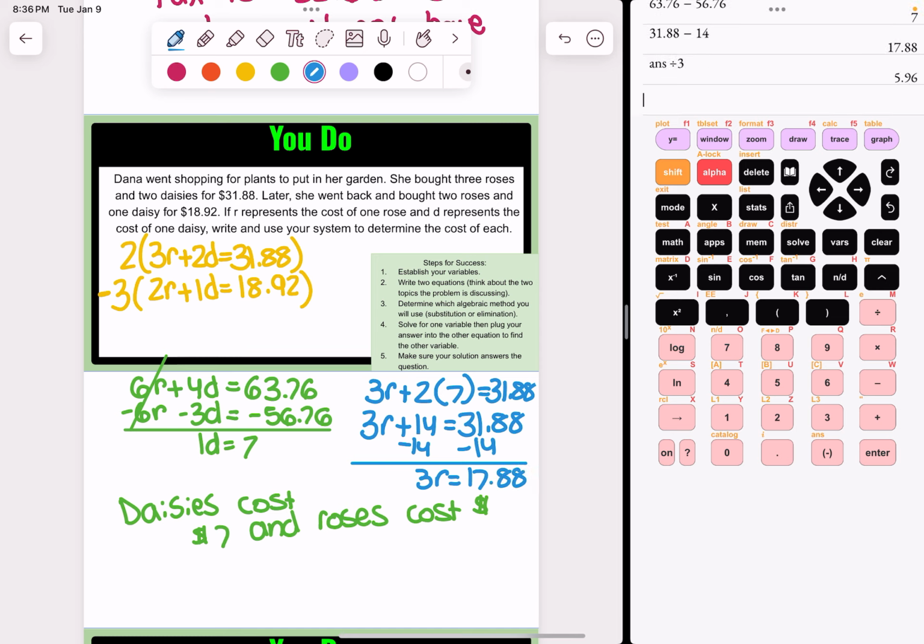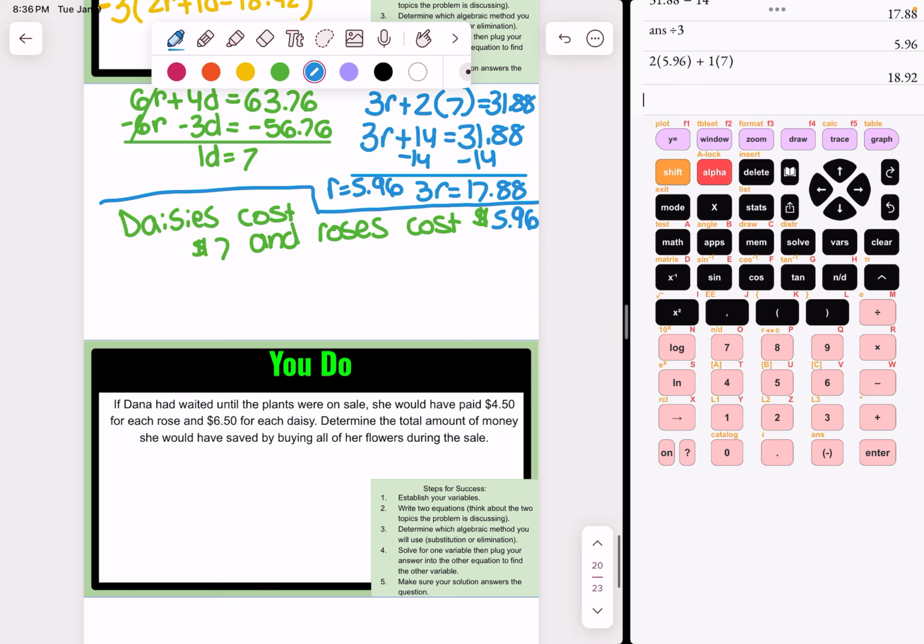Divide by 3. We get that the roses are 5.96. And let's see if this makes sense using the second equation. 2 times the roses, 5.96, plus the 1 daisy, 7. Does that equal 18.92? It does.